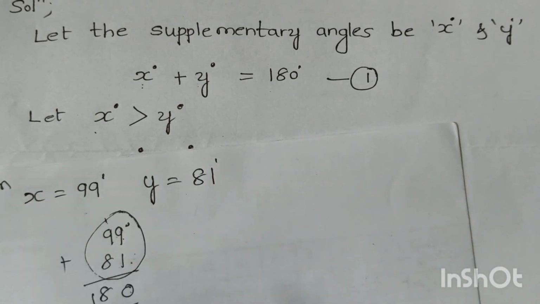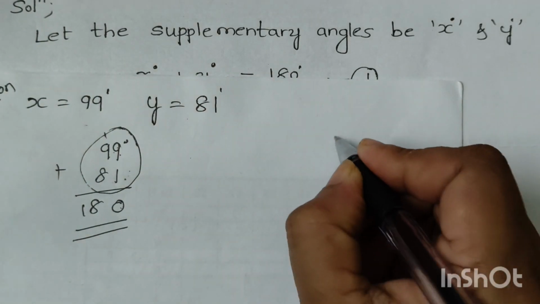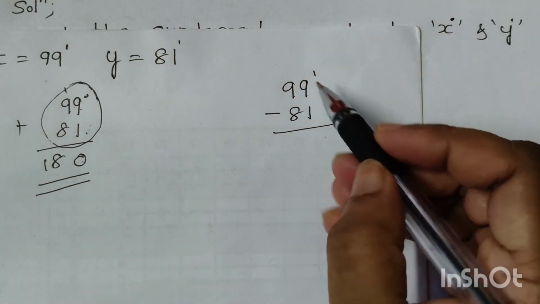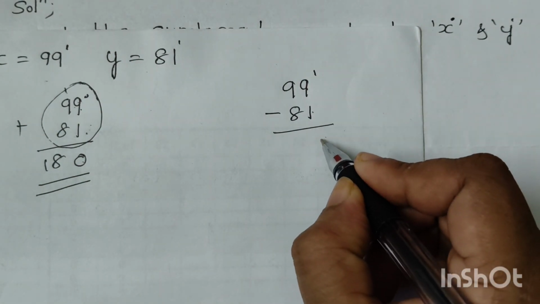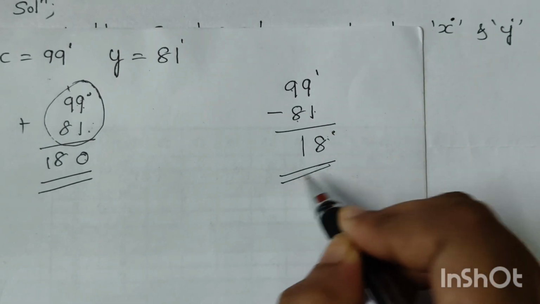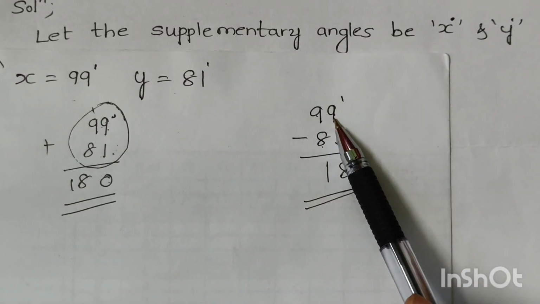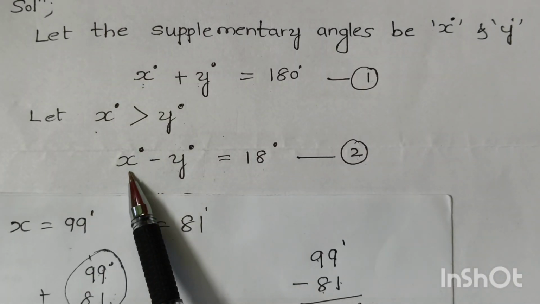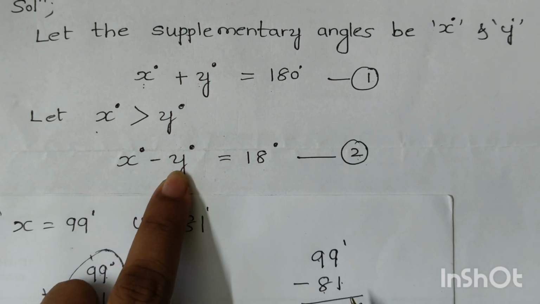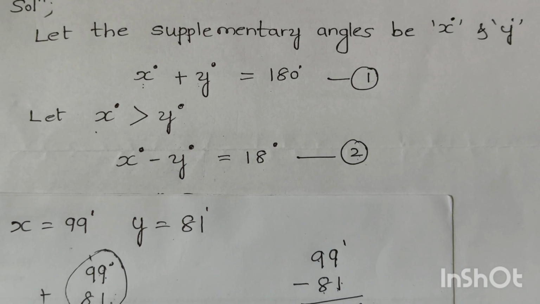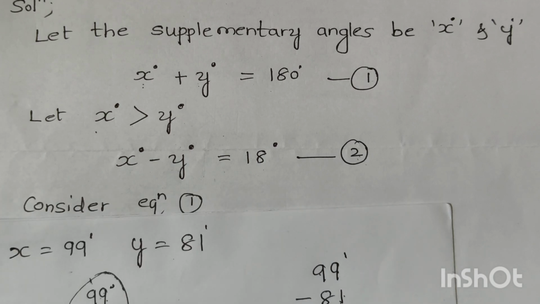Let us subtract and see whether it is 18 degrees more. 99 degrees minus 81 degrees: 9 minus 1 is 8, and 9 minus 8 is 1, so 18 degrees. Yes. Therefore, 99 degrees minus 81 degrees is 18 degrees. 99 is x and 81 is y, and when we subtract, we get 18 degrees. This is the meaning. Hope you have understood. Take a view of the complete solution.